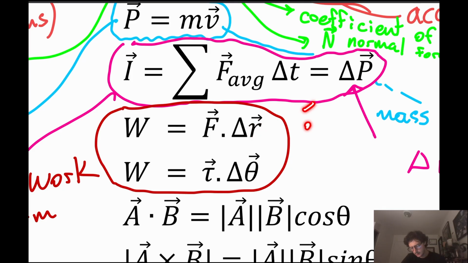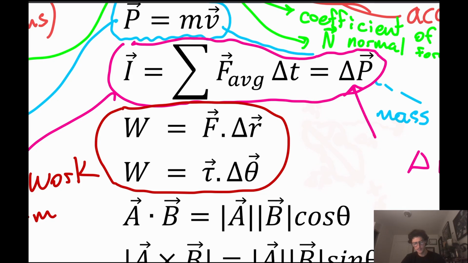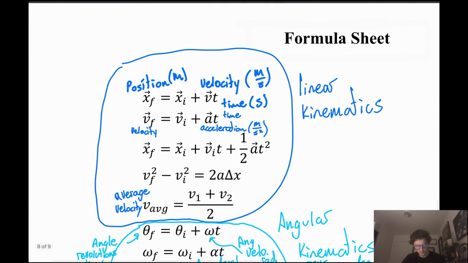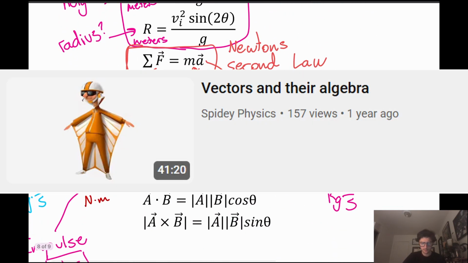If you start here at X initial and then you go here at X final, this thing over here could be delta X, or sometimes they call it delta R. And if you start here and you're going this way, this has a magnitude, a length, and it also has a direction. If I create a coordinate system like this and there's a theta over here, this is why they call this a little vector. That's also why they use a bunch of vectors over here in these things. Don't stress about vectors though. Again, check out my vector video if you're interested.